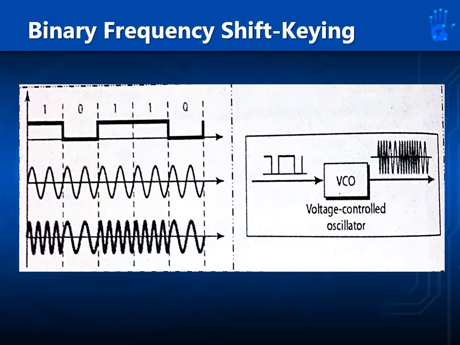Now, since our input only has two voltage levels, either any finite positive value and 0, it only has two output frequencies. As you can see, when the voltage is high, the frequency is also high. And when the voltage is 0, the frequency is low.